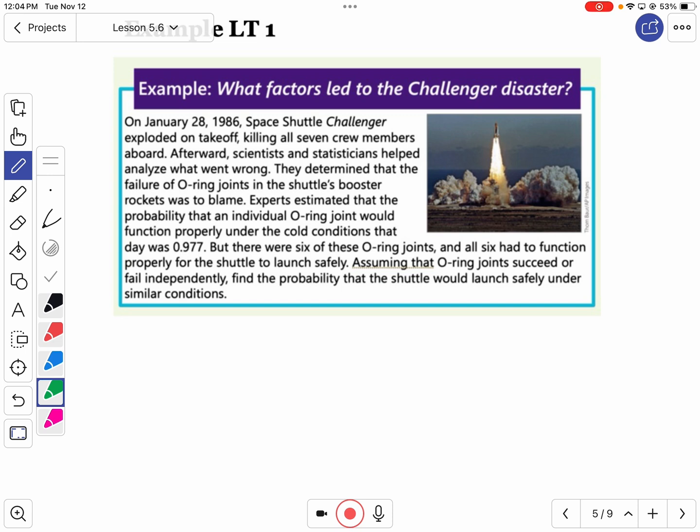So it comes in here, and I'm going to sort through the information. It says, experts estimated that the probability that an O-ring would function properly was 0.977. So that it would function the way it was supposed to was 0.977. What would be the probability then that it would not function? How would I get it?